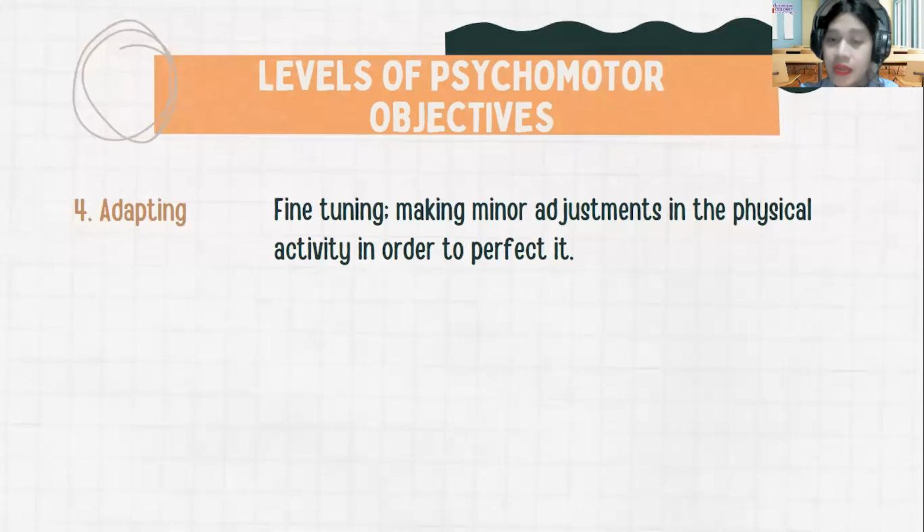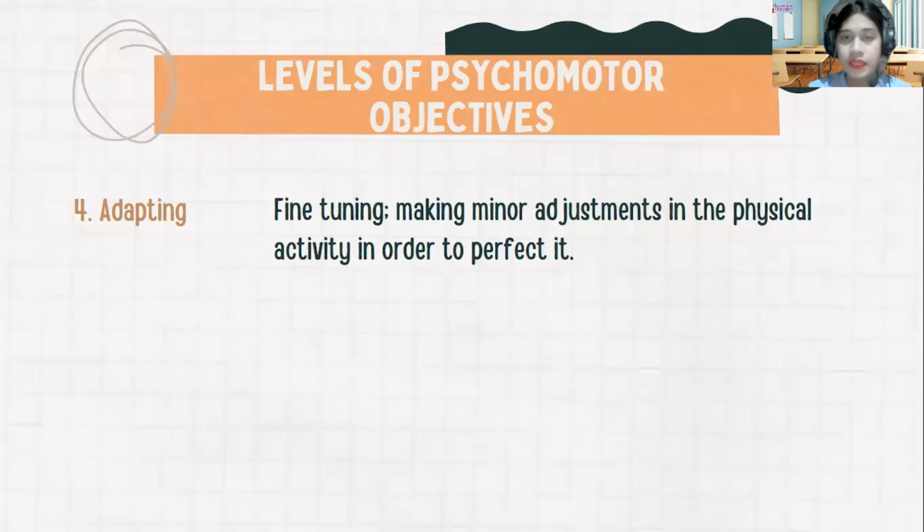However, Simpson, 1972, developed 7 psychomotor categories to support the original domain. These physical behaviors are learned through repetitive practice. A learner's ability to perform these skills is based on precision, speed, distance, and technique.